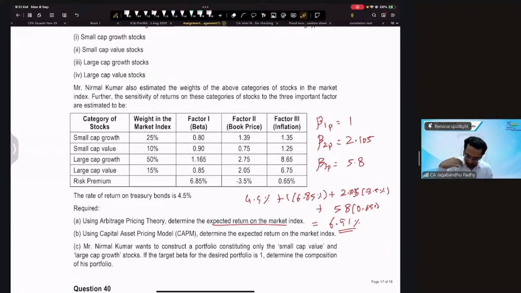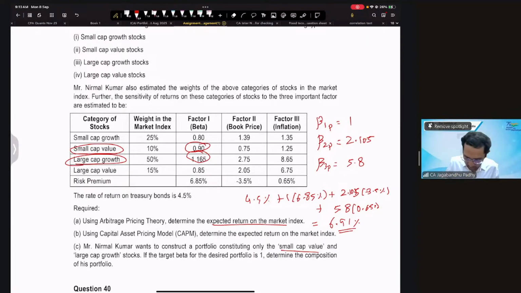So you take these betas and compute the weights such that the portfolio beta is 1.